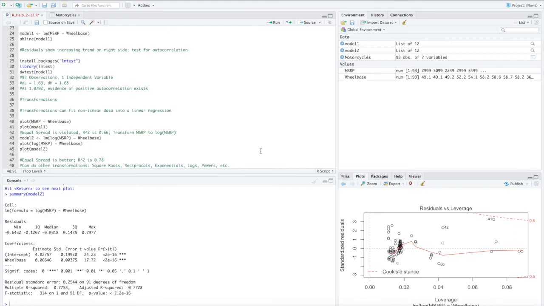Especially with autocorrelation, a big thing is that transformations cannot fix autocorrelation. It just tends to be a curse of the data in and of itself. But when we're running these regressions, we just try to make sure that as many of the conditions as possible are satisfied, and that we account for as much of the variation as we can.